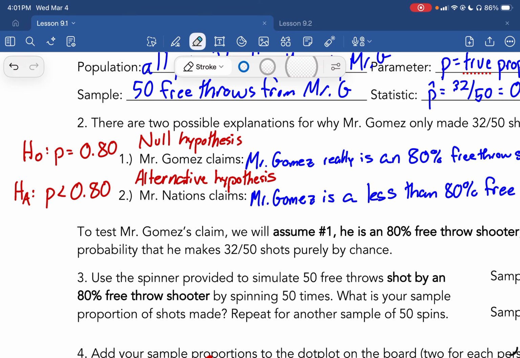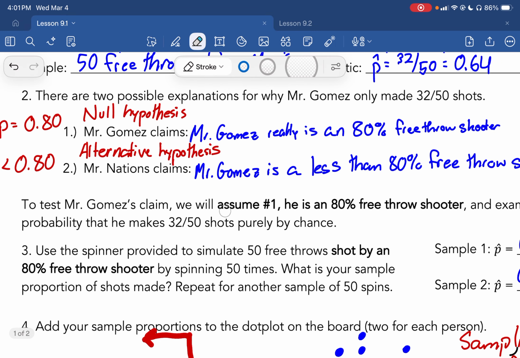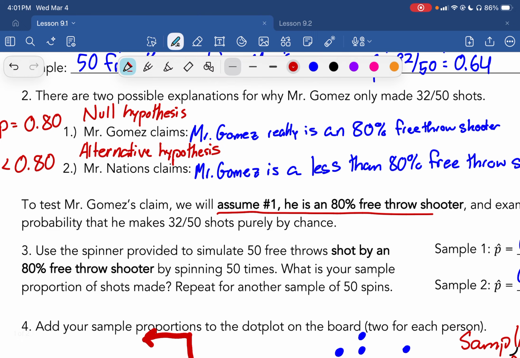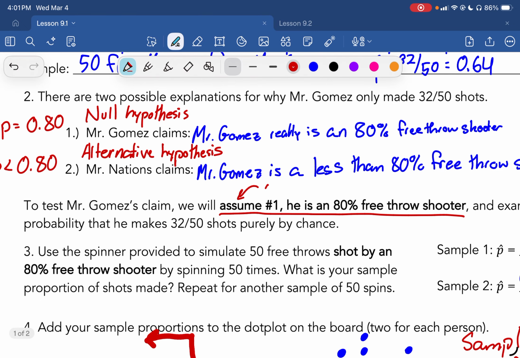Now, when we do these tests, I put this idea of assume number 1 in bold because we always assume that H O is true. We always assume our null hypothesis is true. And then we perform our significance test to give us something we can conclude about our null hypothesis.